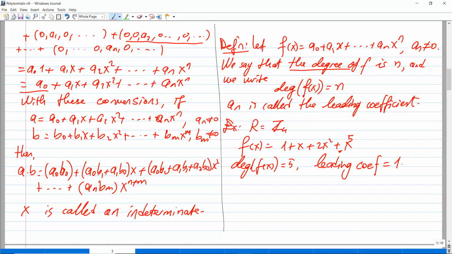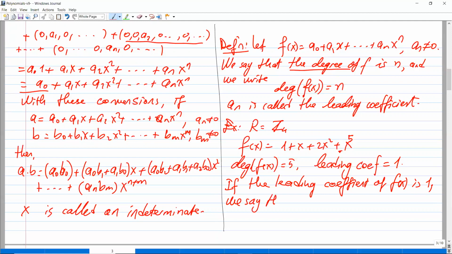If we continue with this definition, if the leading coefficient of f of x is 1, as in this example, then we say that f of x is a monic polynomial. Monic means the leading coefficient is 1.